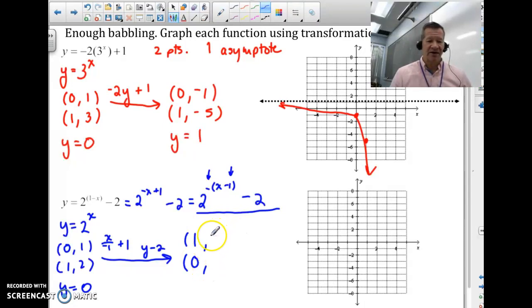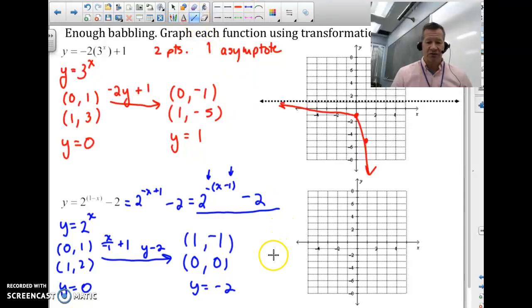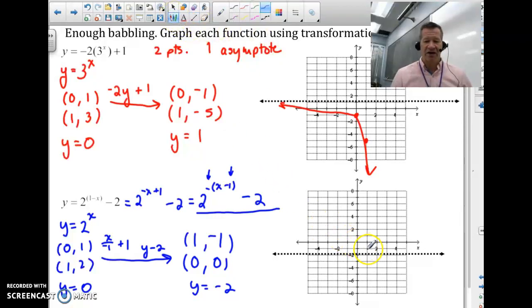Now the y value is 1 minus 2 is -1, 2 minus 2 is 0, and 0 minus 2 is -2, so the graph will shift down 2 units. So y equals -2 is my new asymptote. And now I'm simply going to plot my points at 1, -1, and 0, 0. And you can see my graph's going to decrease again.